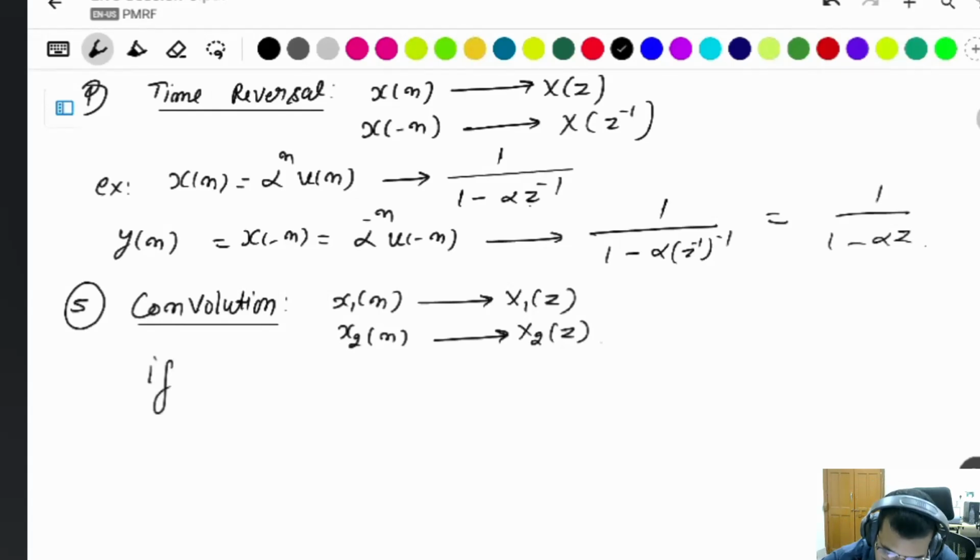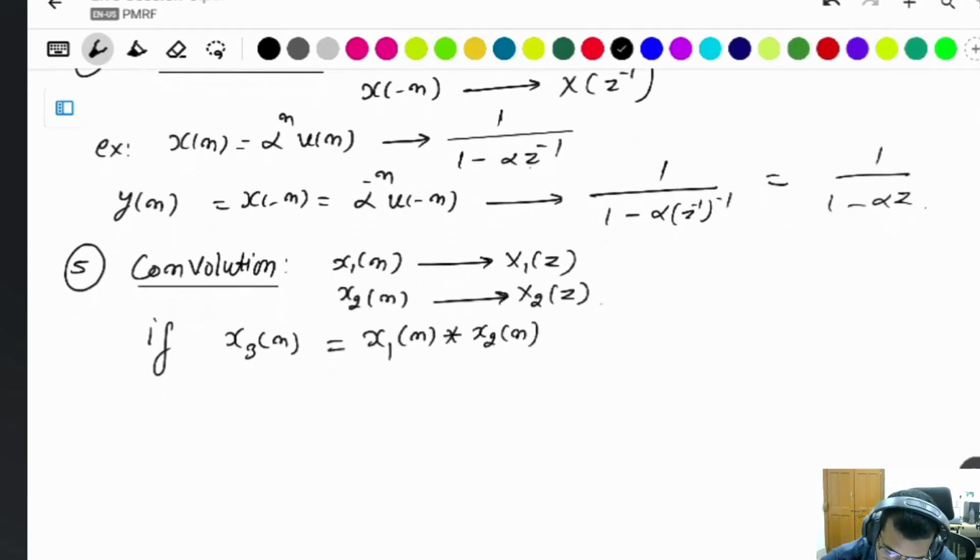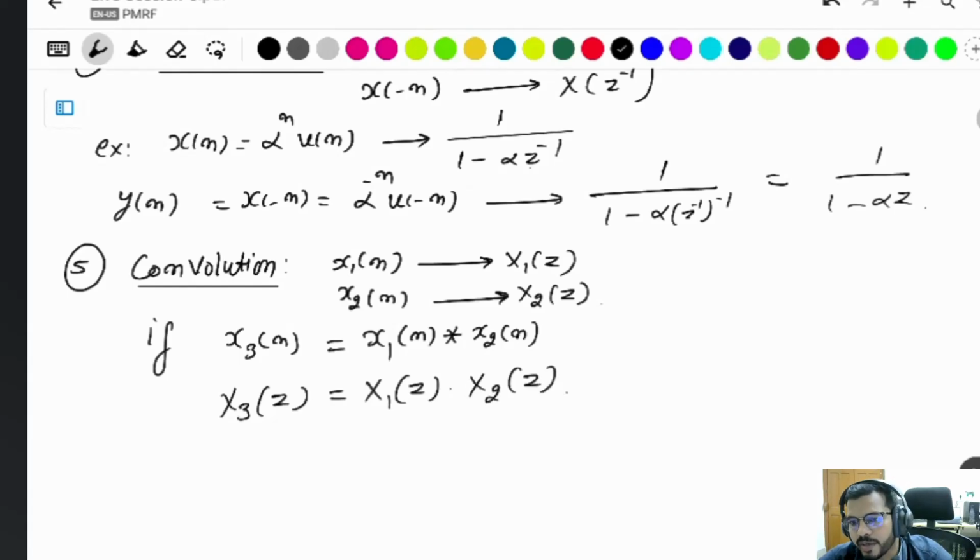If there is any function x3[n], this one is the convolution of both functions, x1[n] convolution x2[n]. Then how can you find the convolution in the z transform? Z transform of x3: simply find the z transform of both and multiply them only. Convolution in the time domain will be multiplication in the z transform.